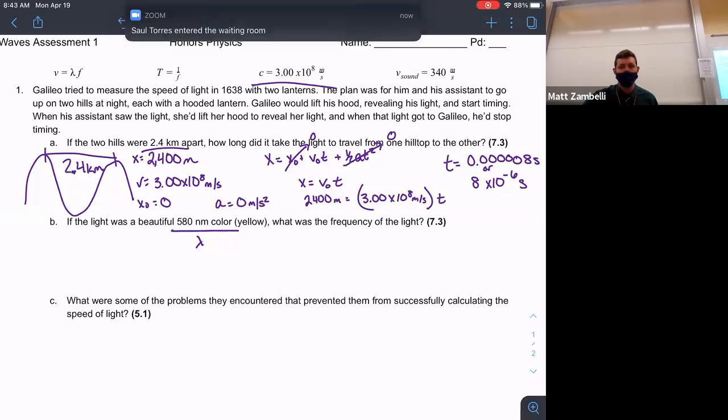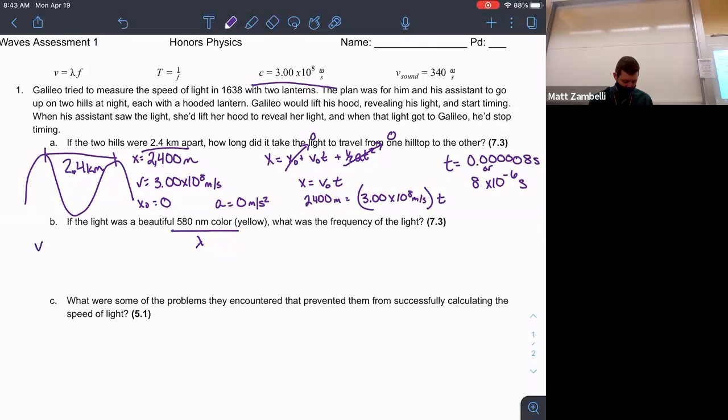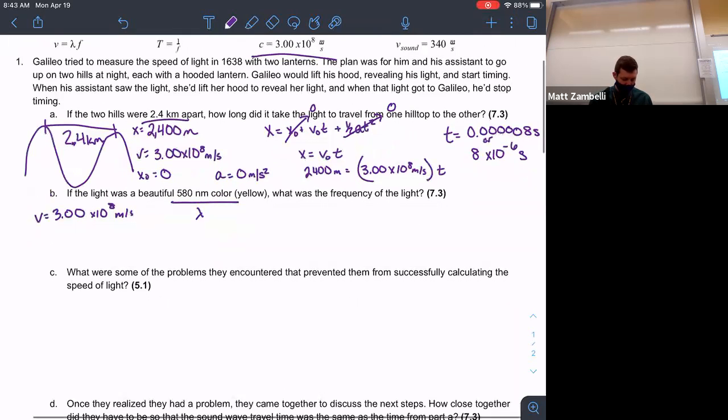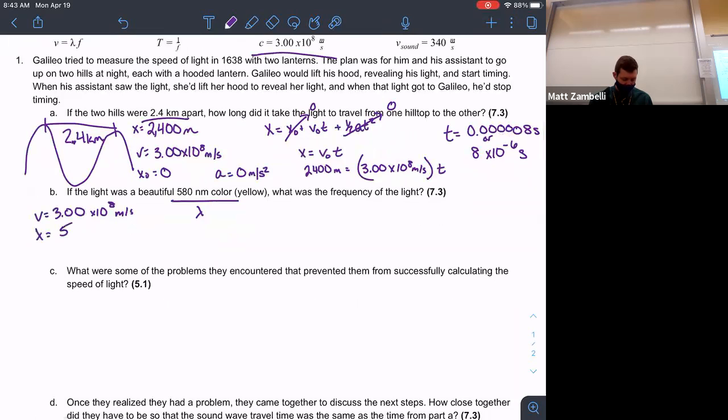The 3.00 times 10 to the 8th meters per second. So we have our velocity, 3.00 times 10 to the 8th meters per second. We have our wavelength, which is 580 nanometers. And we want to find our frequency.